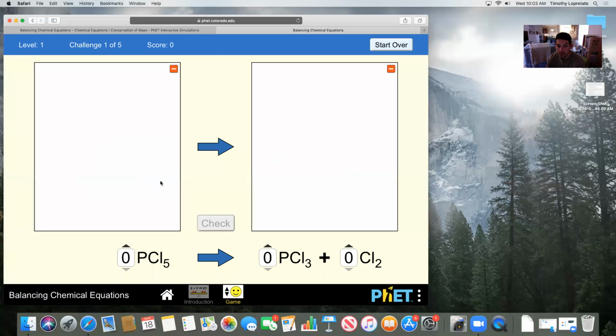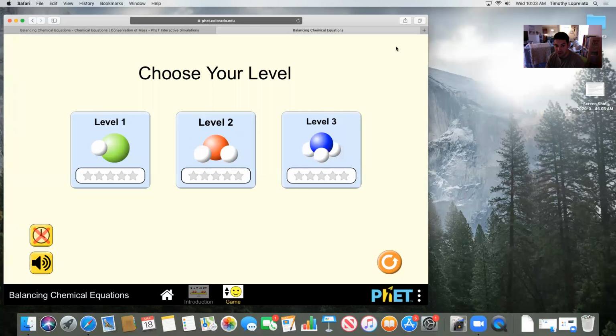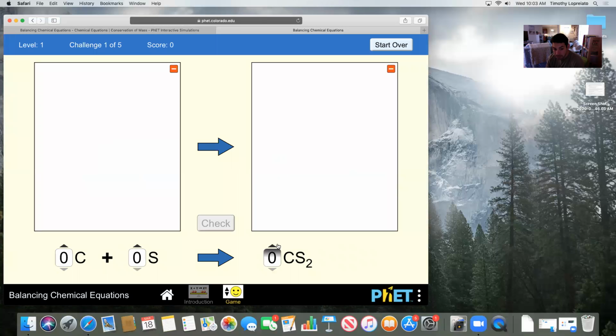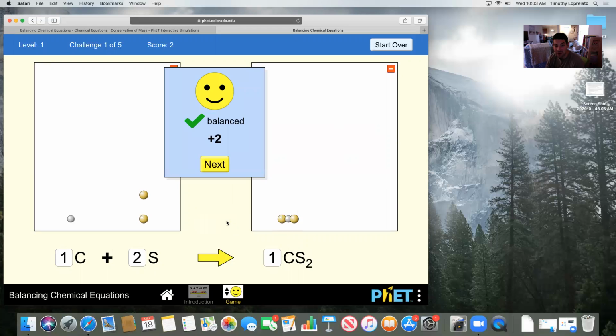So level 1, all right, it'll give you some different reactions. As you restart it, it'll switch them around, so make sure if you start over, it will reset them. All right, so we have the carbon, we have the sulfur. You have to click to add to make the product, the CS2. All right, so if I have 1 carbon on each side, 2 sulfurs on each side, we do not get any of those tools, and then I check. All right, that's how I know I've completed it.